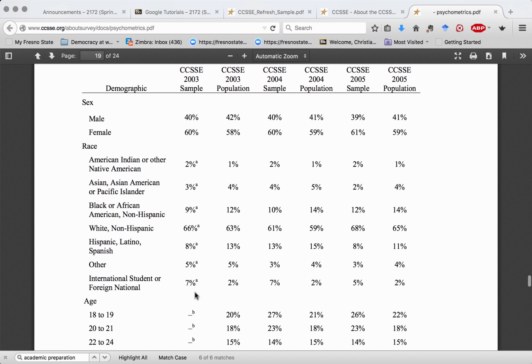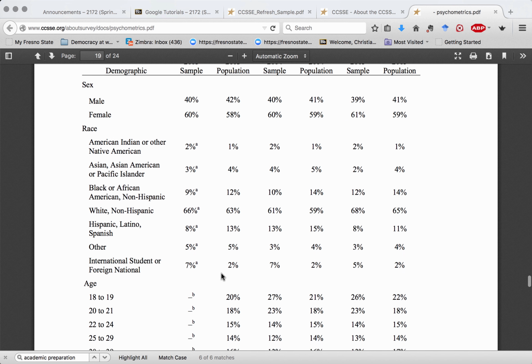For example, here, if you have a large Latino population in your sample, like it's common in California, this sample might be a problem, right? We have mostly white students and then quite a bit of African American, but not that many Hispanic compared to California standards.